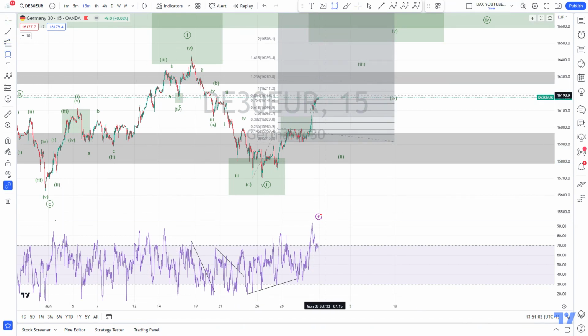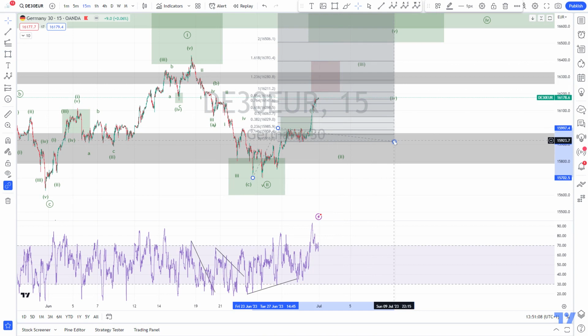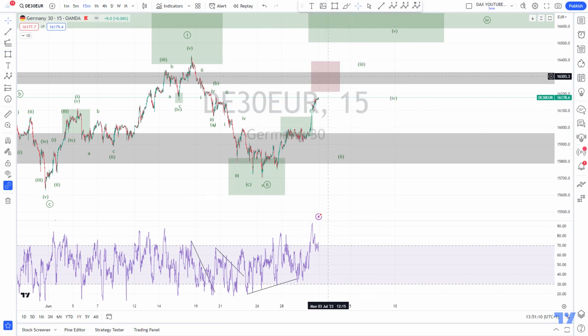And as you can see, we are approaching the area from where we can expect again a reaction to the downside in the bearish scenario, if this is our overall high, also in the higher time frame. So next week we will have a look at this.